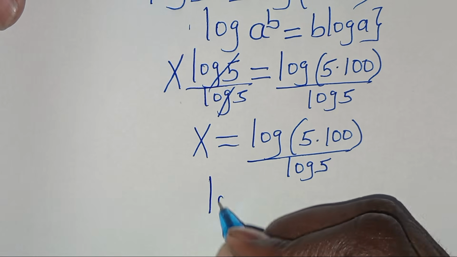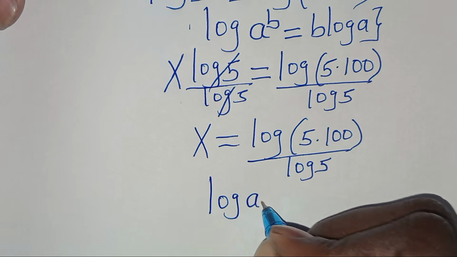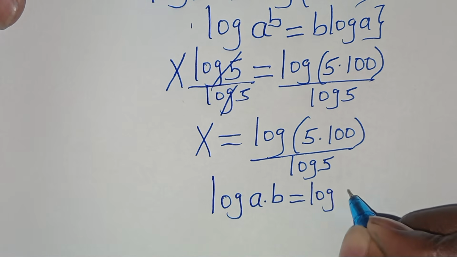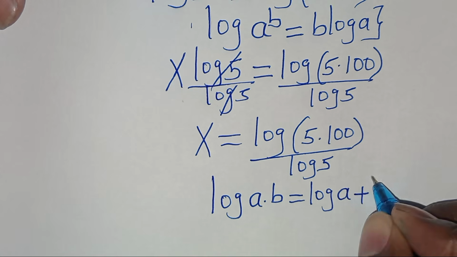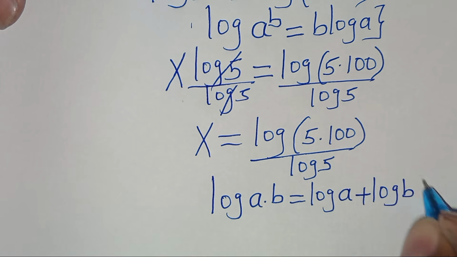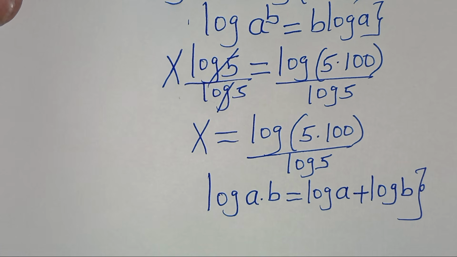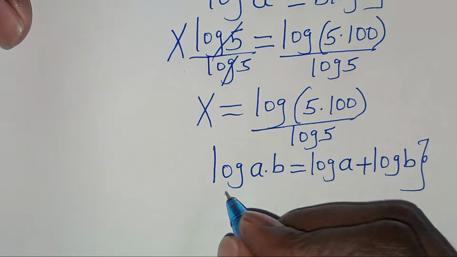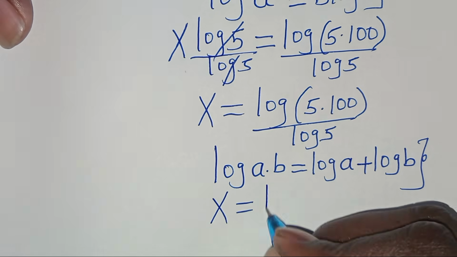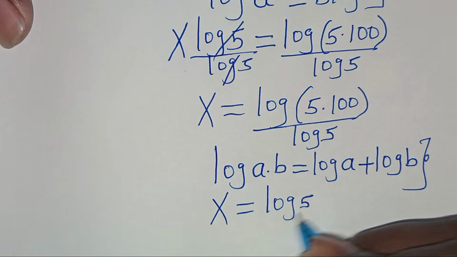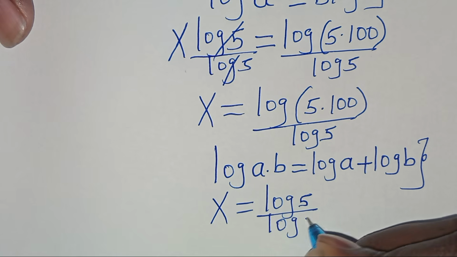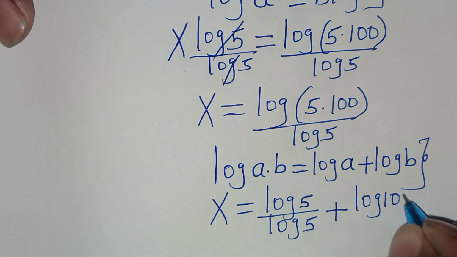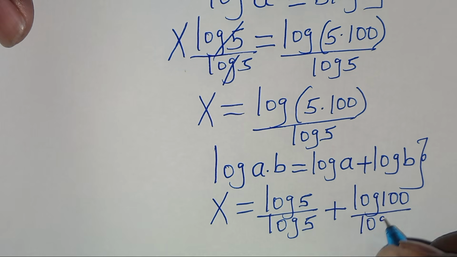This is of the form log a multiplied by b, which can be expressed as log a plus log b. Applying this logarithm property, x is equal to log 5 divided by log 5, plus log 100 divided by log 5.